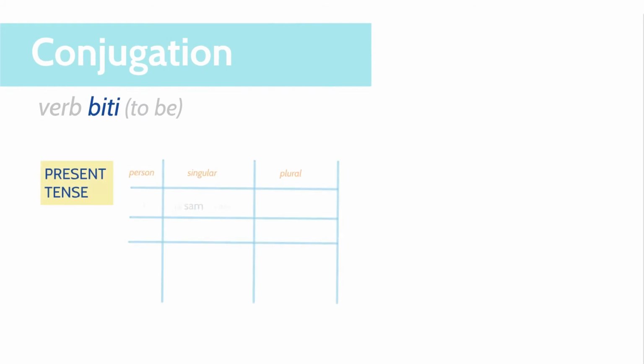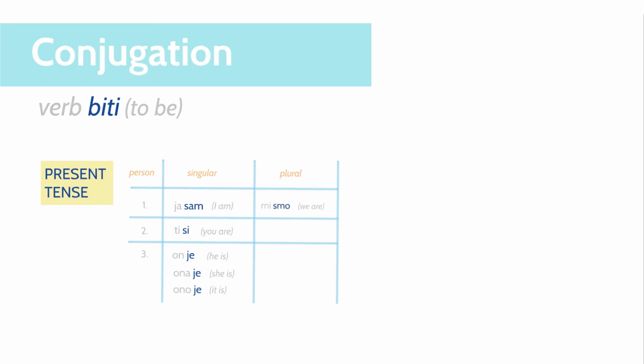Ja sam. I am. Ti si. You are. On je. He is. Ona je. She is. Ono je. It is. Mi smo.